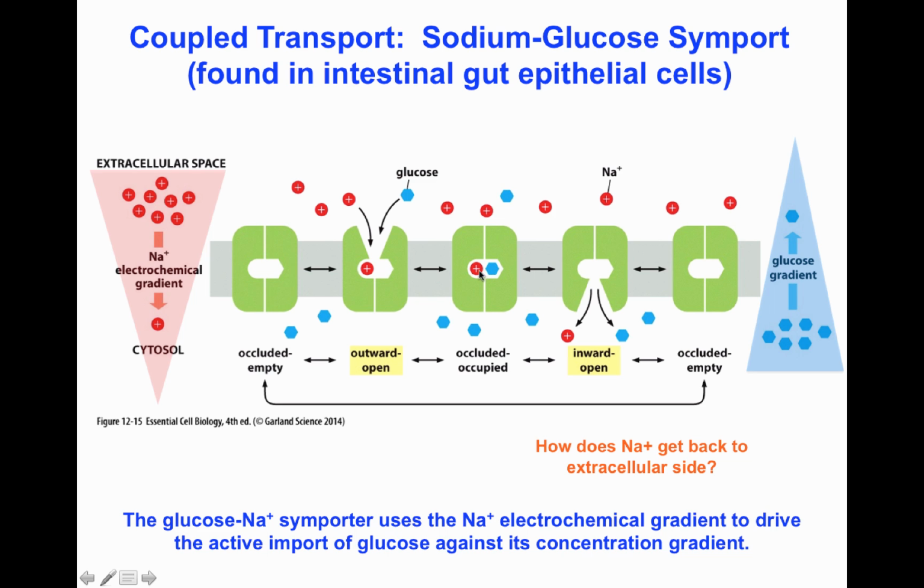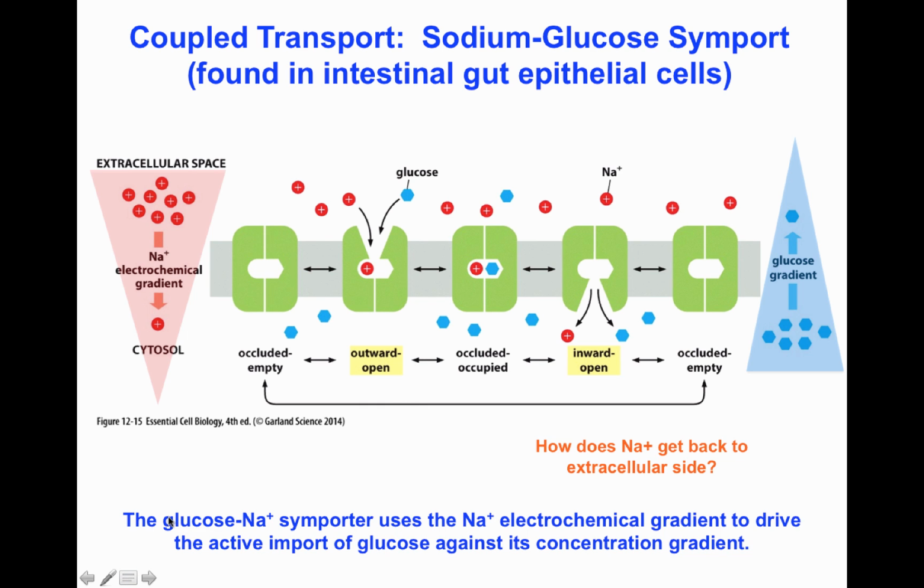When both the sodium and glucose molecules are present, the symporter will undergo a conformational change that is going to allow for the release of the glucose molecule as well as the release of the sodium ion. After the molecules are released, the symporter will go back into an occluded empty conformation, which will then become open to the outside to repeat the process.